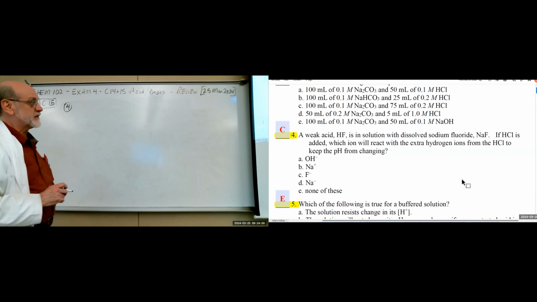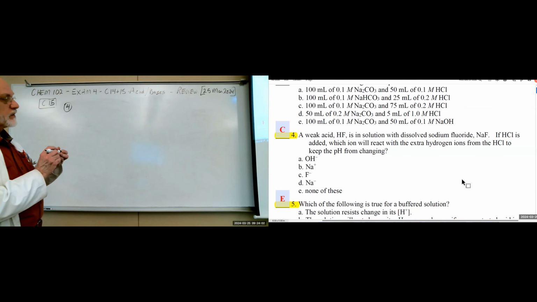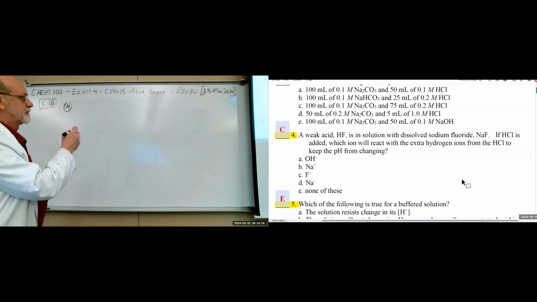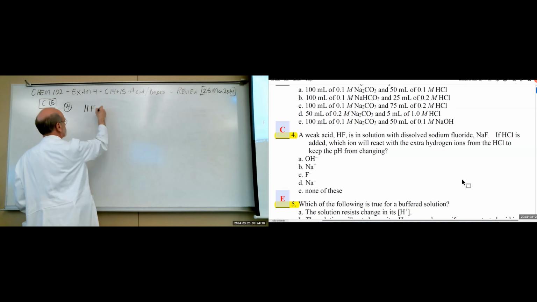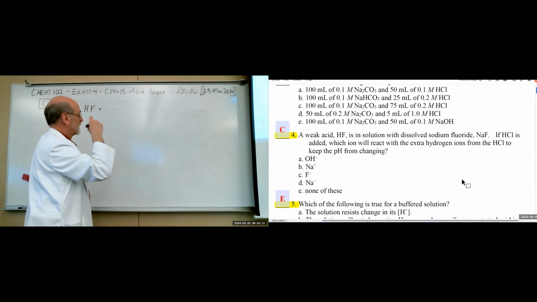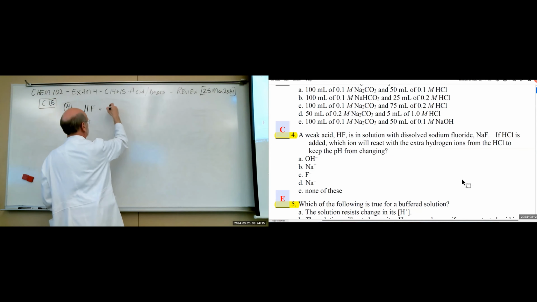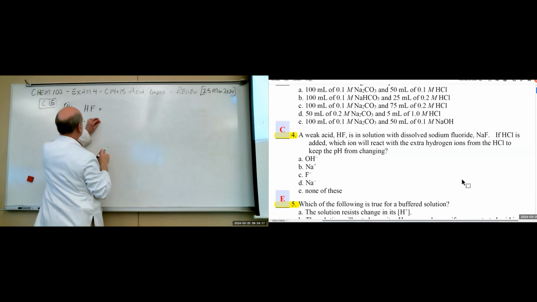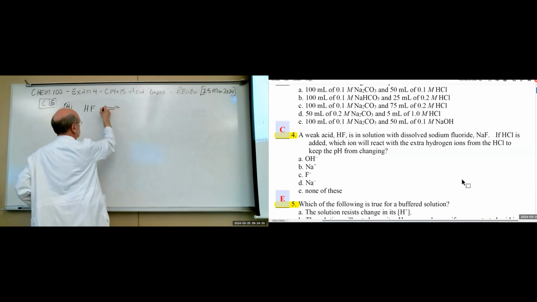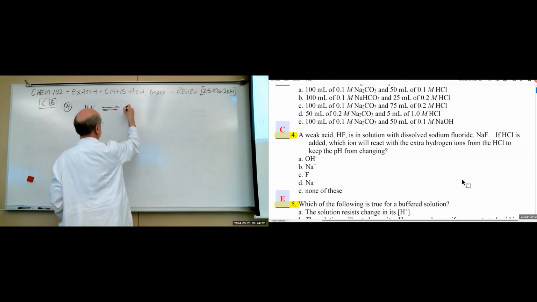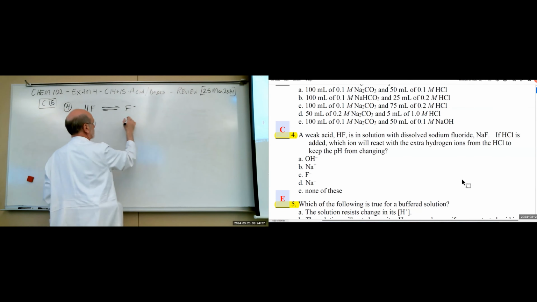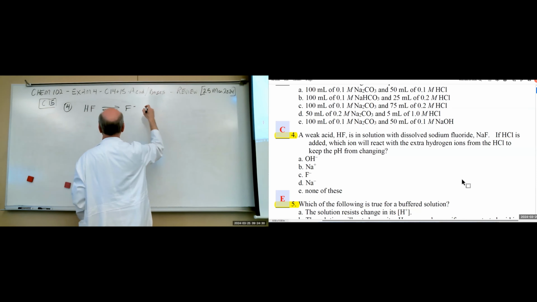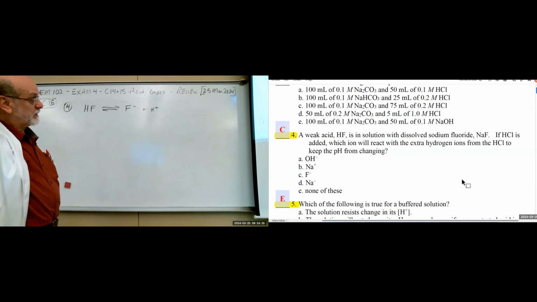A weak acid, HF, is in solution with dissolved sodium fluoride, which means what? It means that we've set up a potential buffer situation. That's from sodium fluoride, and this is the acid.